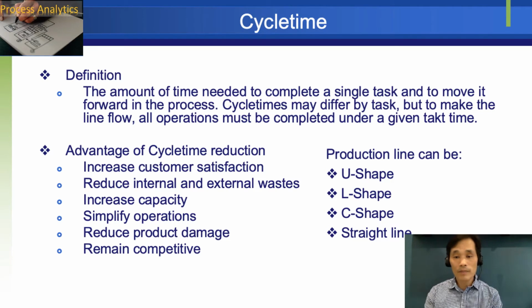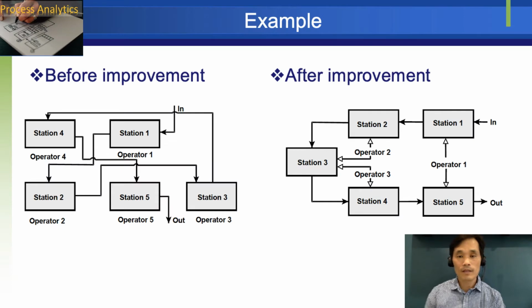Also, there are many methods to reduce the cycle time, and one can consider making a process U-shape or L-shape, C-shape, or straight line. In a hypothetical situation, current process in a workplace layout might look like a spaghetti flow.